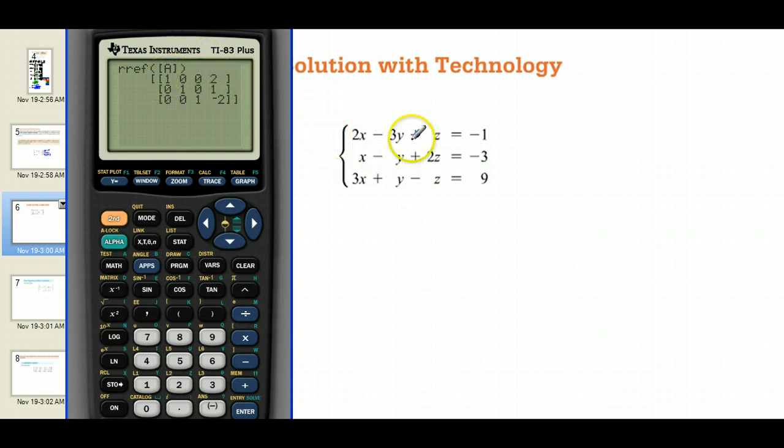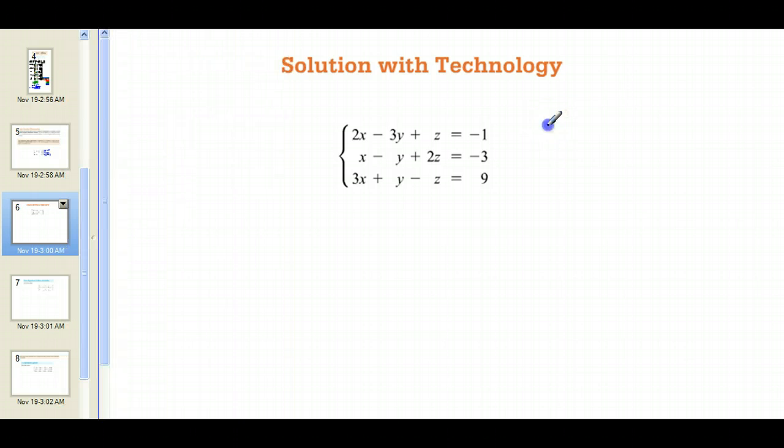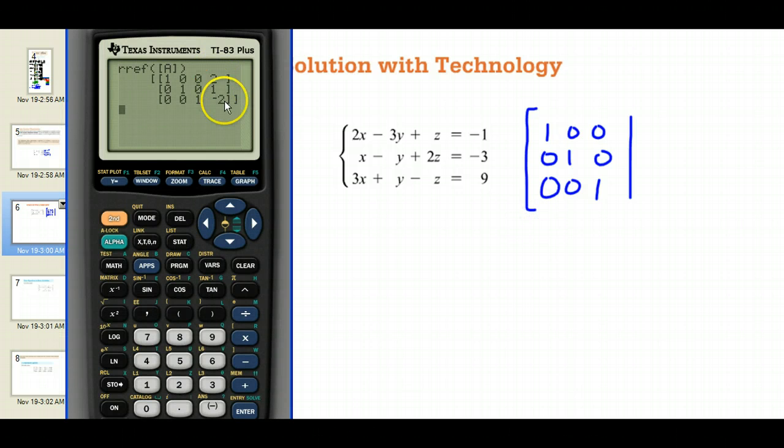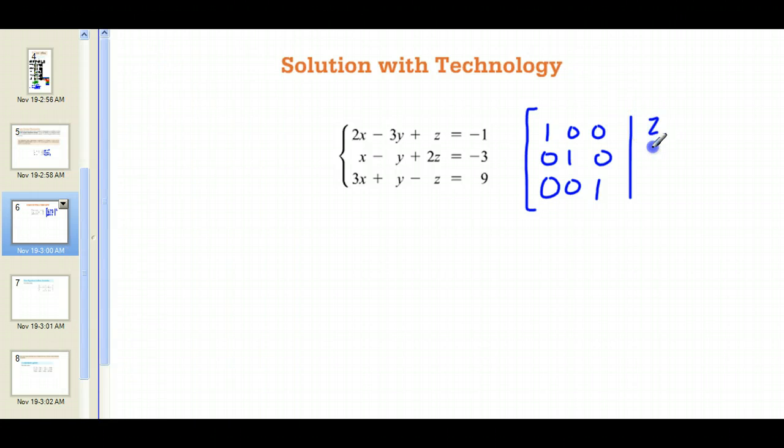So this says it reduces down to 1, 0, 0, 0, 1, 0, 0, 0, 1. Again, that's always the look of the identity matrix. And then 2, 1, negative 2.